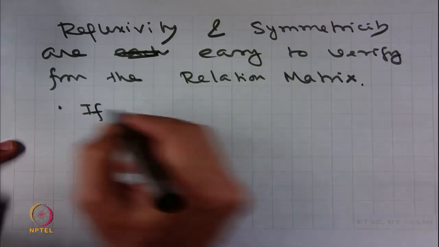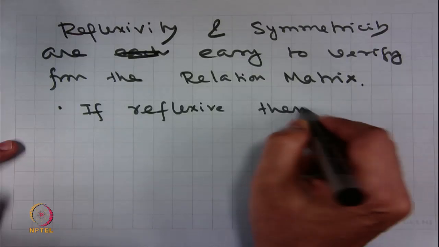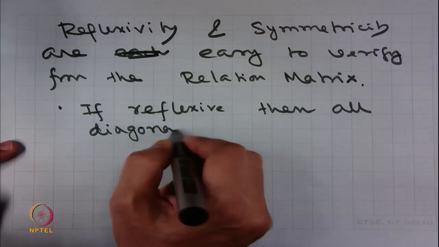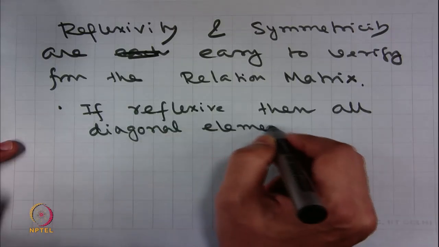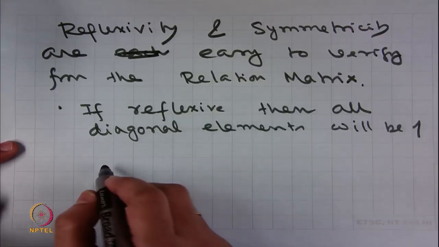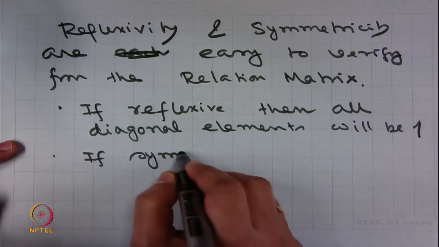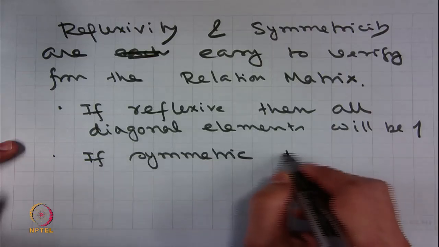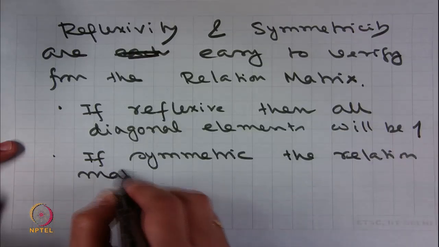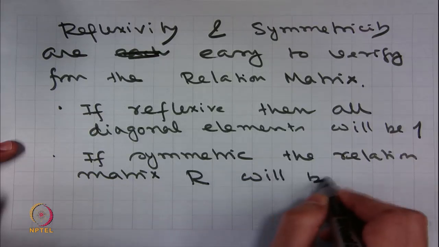If it is reflexive, then all diagonal elements will be 1, and if symmetric, the relation matrix R will be symmetric.